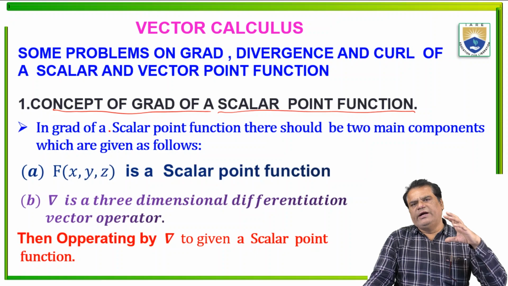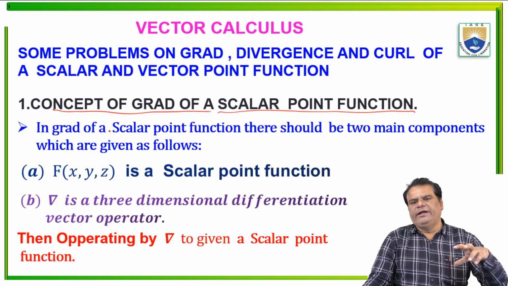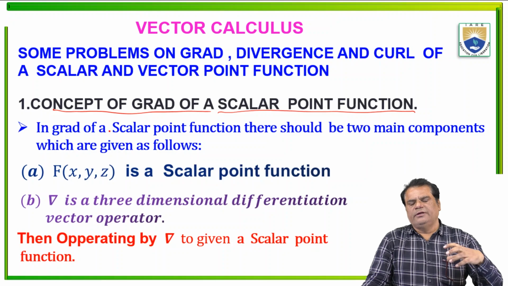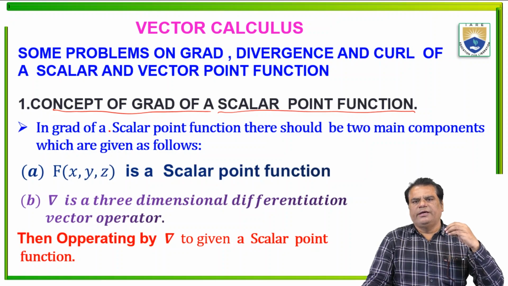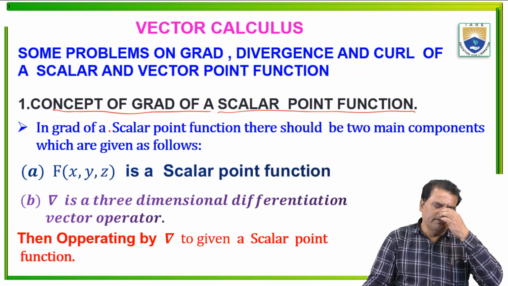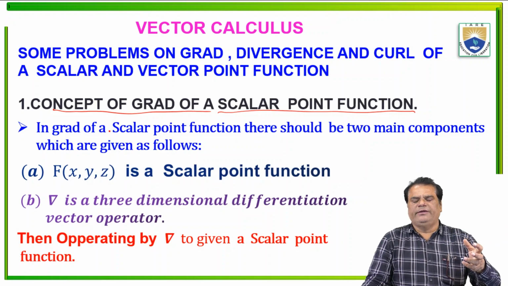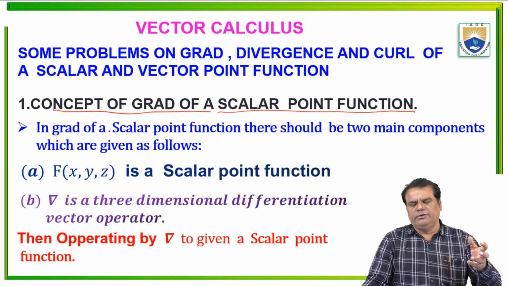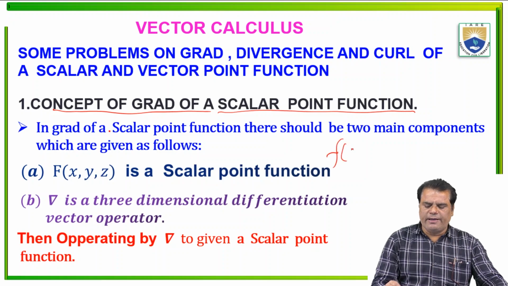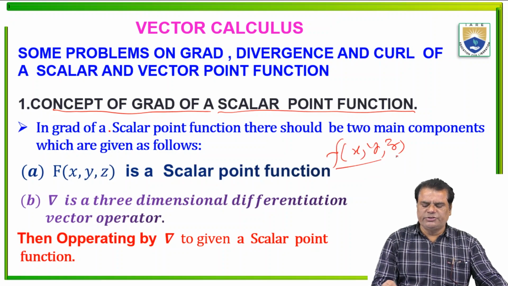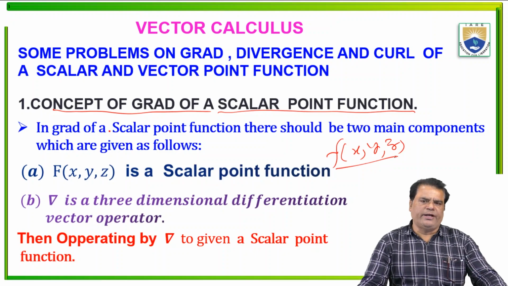Grad, if we find the grad, then it is very compulsory that there should be a scalar point function. A scalar point function means in three-dimensional geometry, the position of a particle is represented by only one scalar function, which is dependent on three variables x, y, z. This is the position of a point.